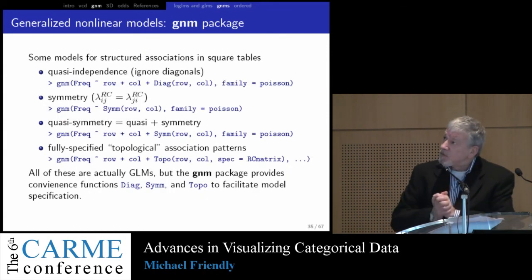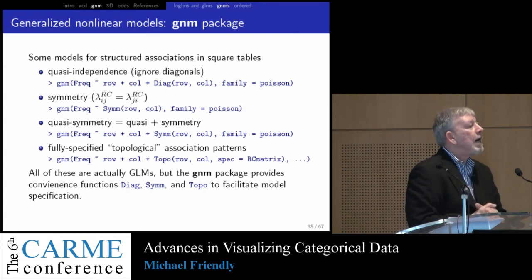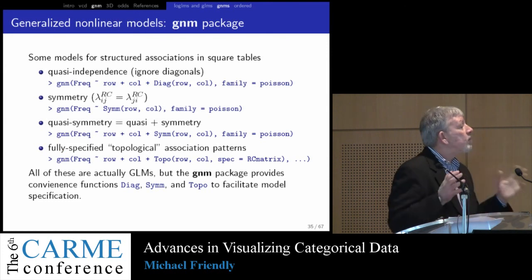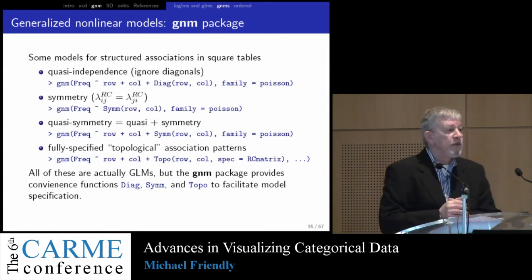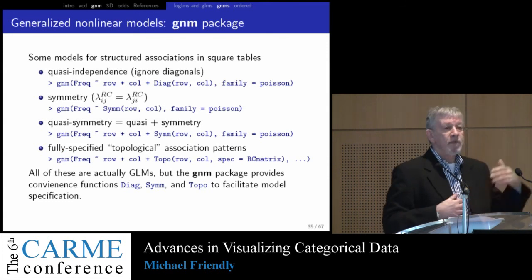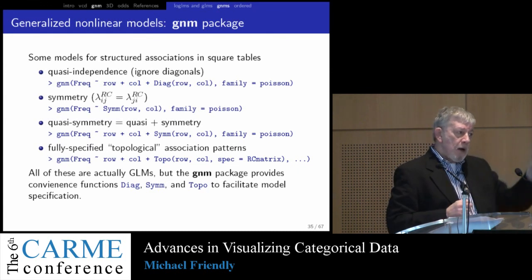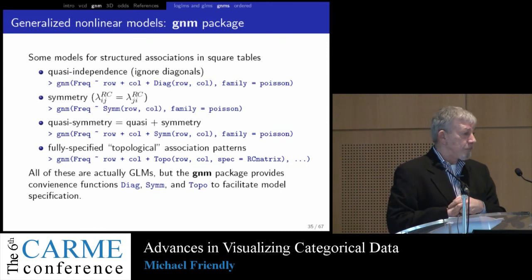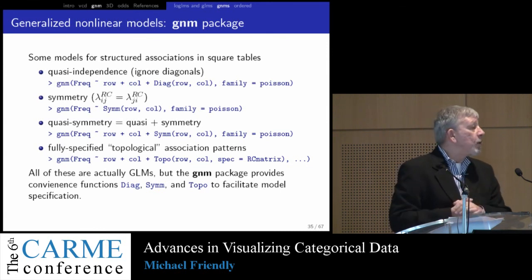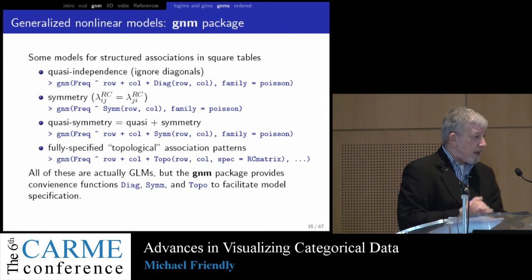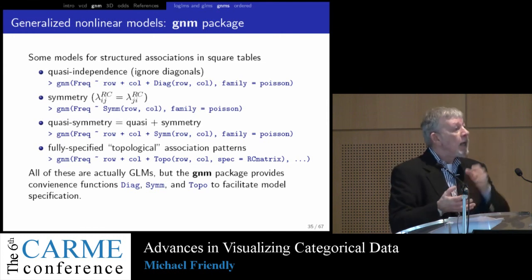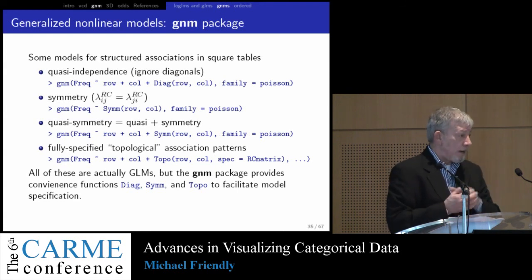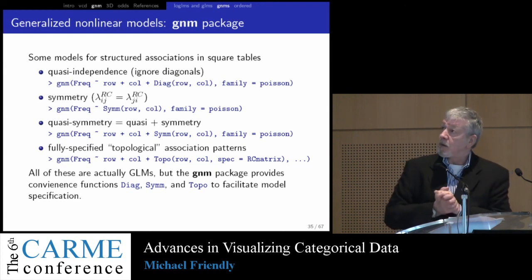So here are just some simple examples of the syntax for generalized nonlinear models. For square tables, for example, individuals classified by their occupation and the occupation of their offspring, we might want to ignore the diagonal cells. We're interested in mobility, not the fact that sons and daughters tend to follow in a similar category to their parents.